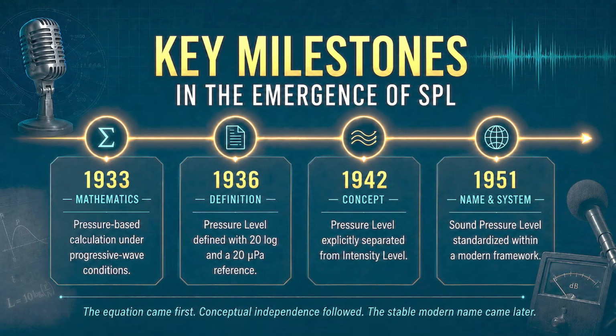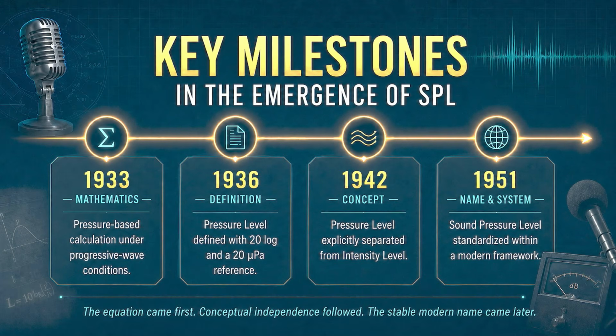We can now summarize the development of sound pressure level in 4 milestones. 1933, mathematics. Under progressive wave conditions, pressure measurements could already be converted into the 20-log form that resembles modern SPL. 1936, definition.